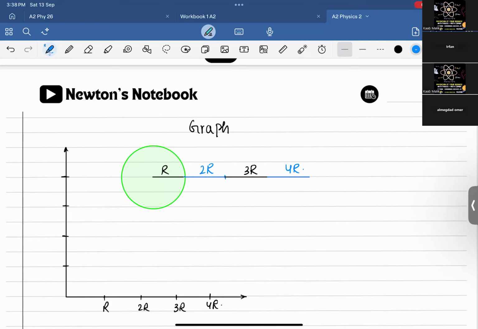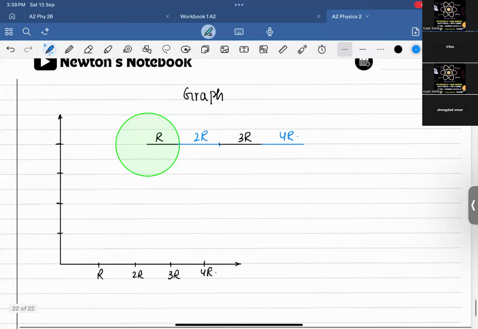Let's say we are doing the gravity values for the 4r.